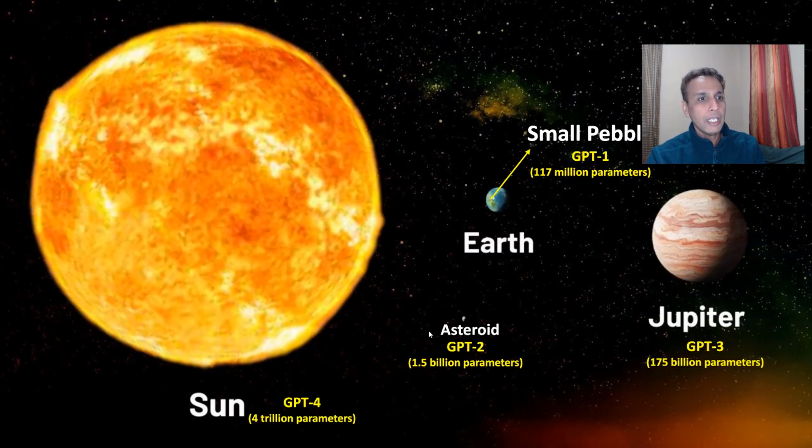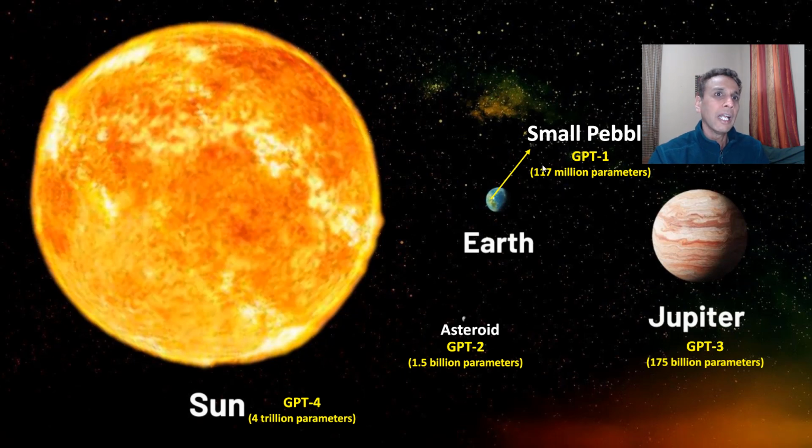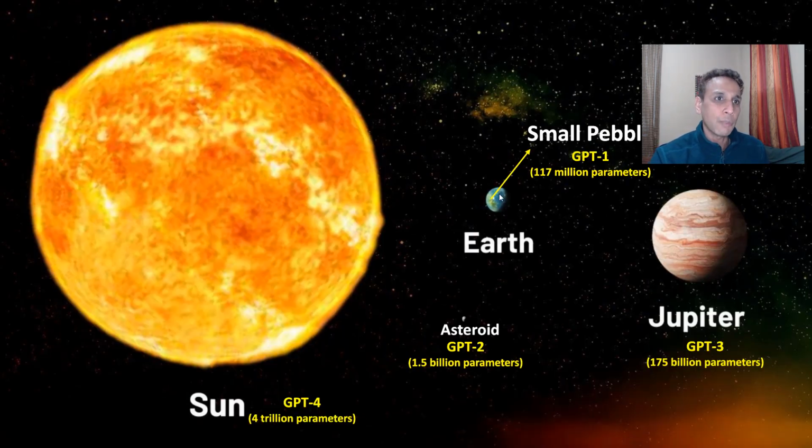So how do they actually compare? I thought of how to put it in a visual to show you the difference between these models. If you think of GPT-1 as a small pebble on our beach, GPT-2, let's just say 774 million or 1.5 billion here, is like a small asteroid floating around.